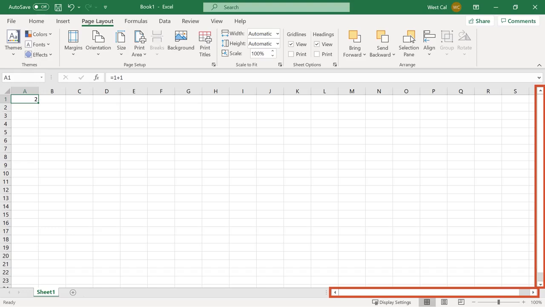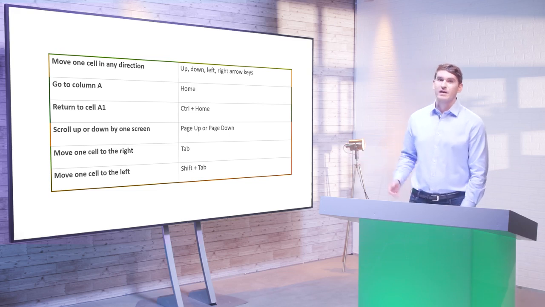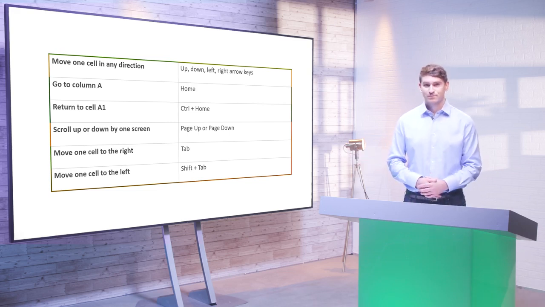To view different parts of a worksheet, click and drag the scroll bars to scroll horizontally or vertically through the data. Sometimes the keyboard can be an even quicker way to navigate through worksheets. On screen now are some common keyboard shortcuts that you may find useful. For a full list of keyboard shortcuts, please refer to the additional resources at the end of this lesson.